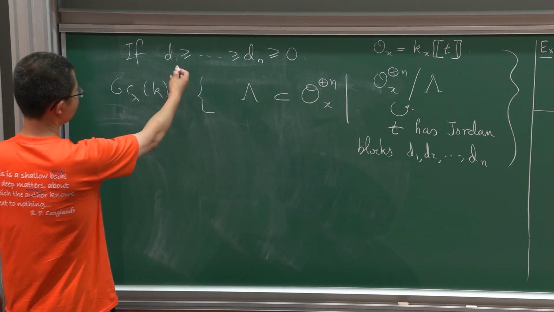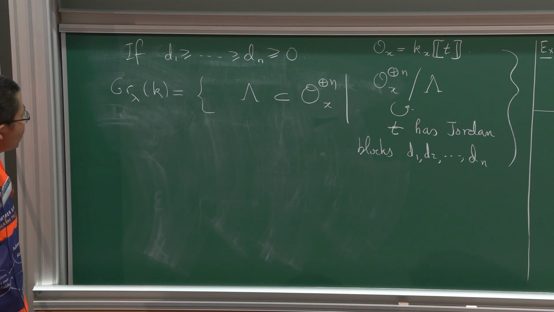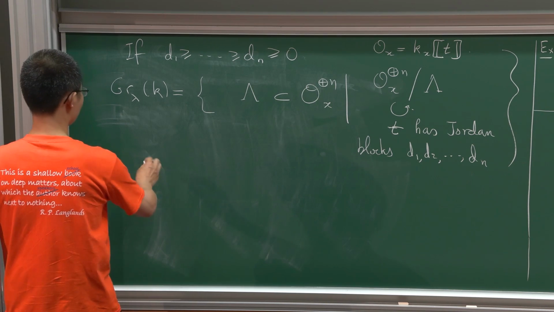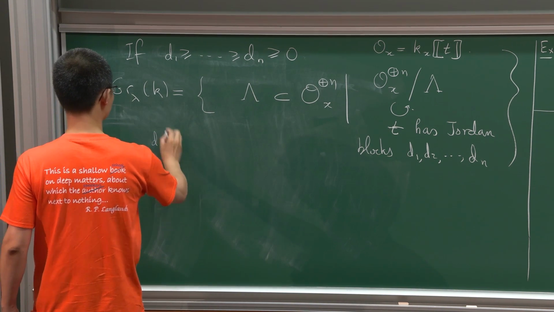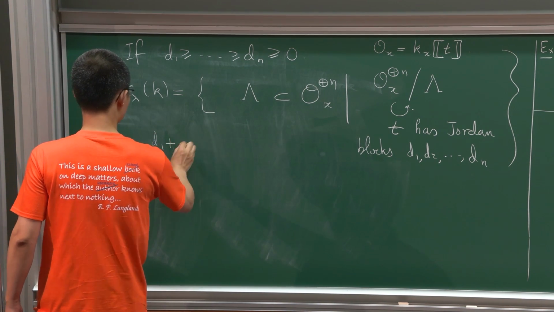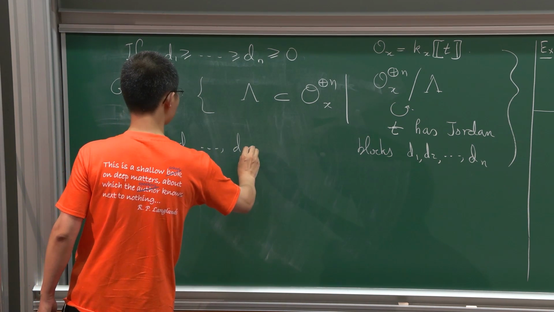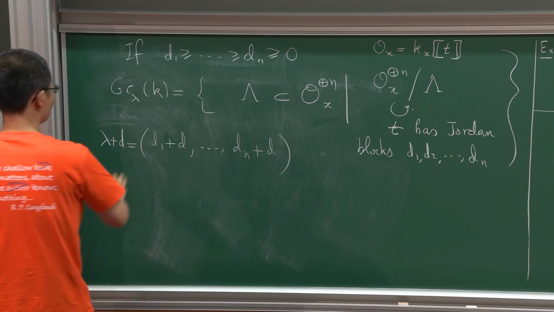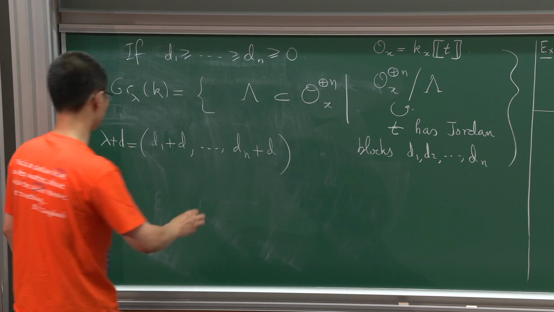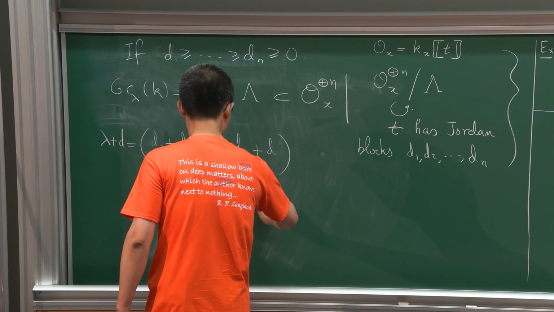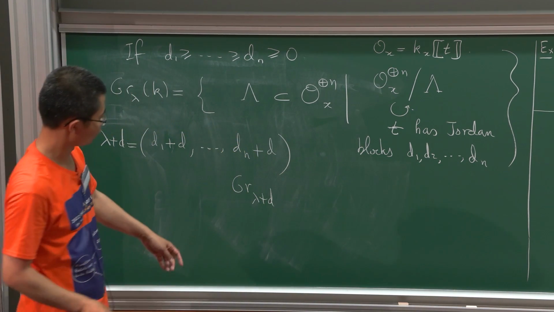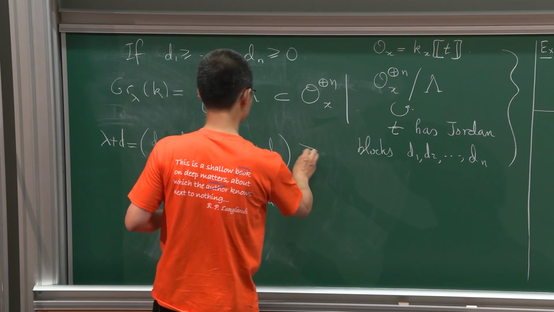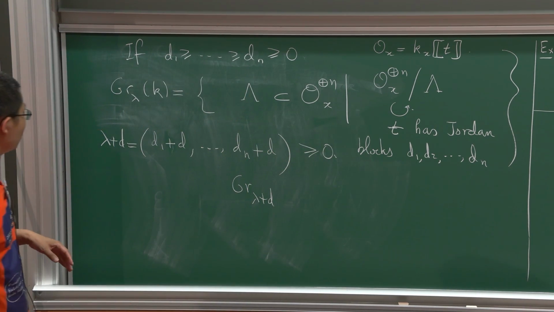And what if one of the d_i's is negative? Well, you just shift. In general, you can add some d to make it positive, and then Gr of lambda plus d. So suppose this is totally positive.